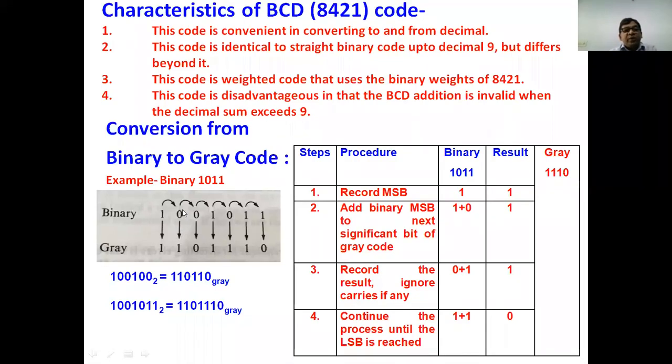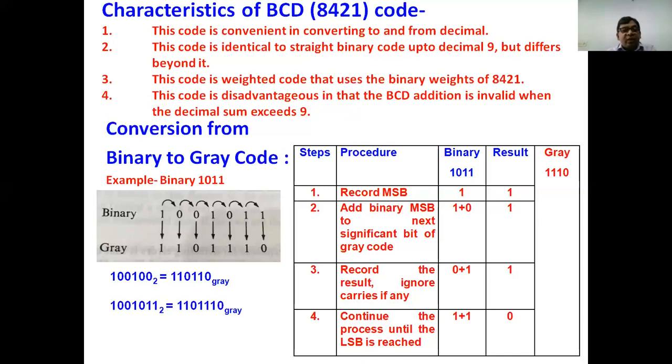Then 0 plus 0 is 0. Then 0 plus 1 is 1. 1 plus 0 is 1. 0 plus 1 is 1. 1 plus 1 is 0. The carry will be ignored. So these are the steps or procedures to convert binary into gray code.